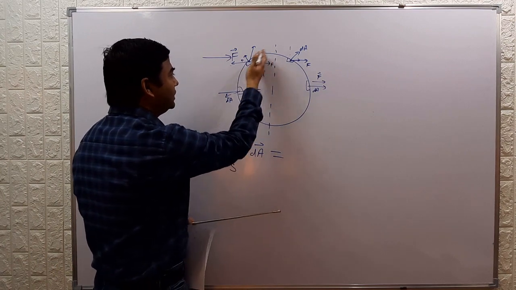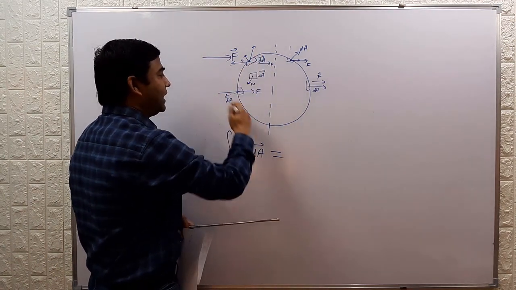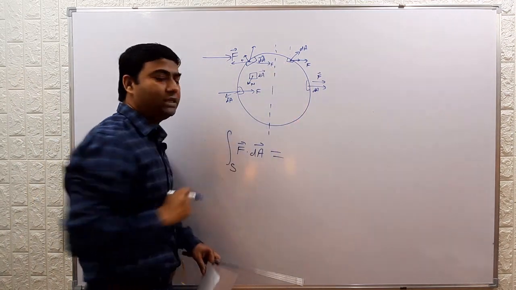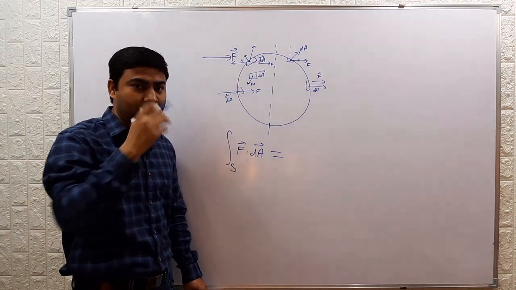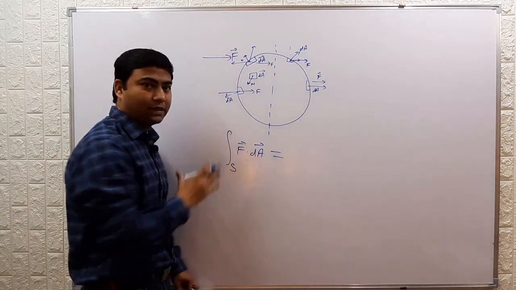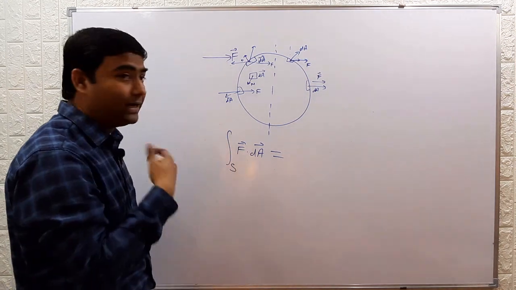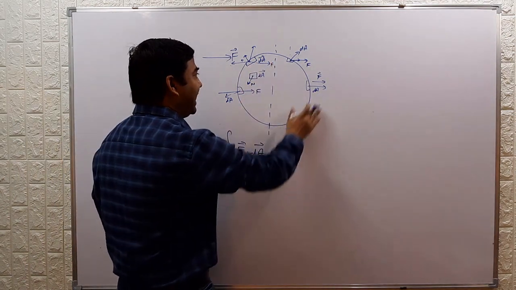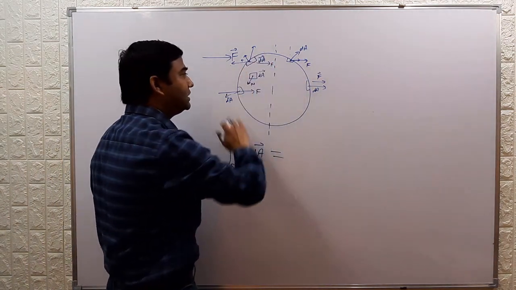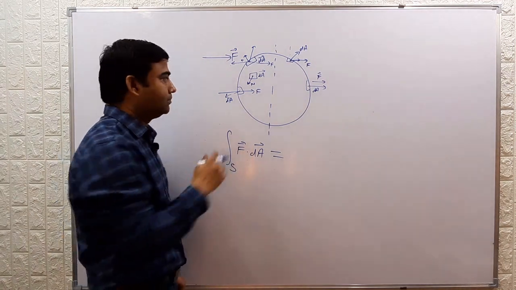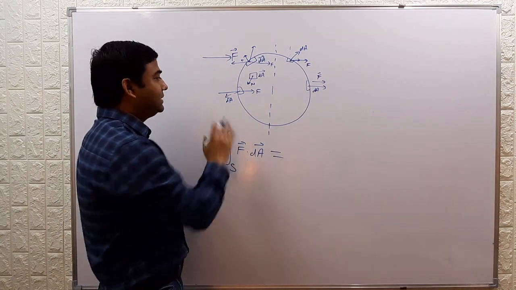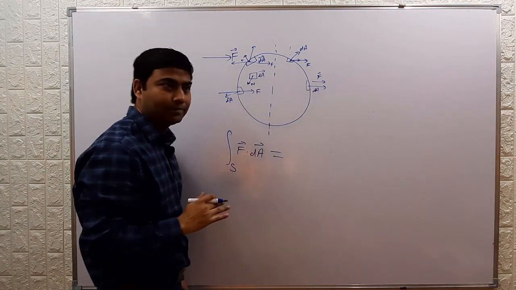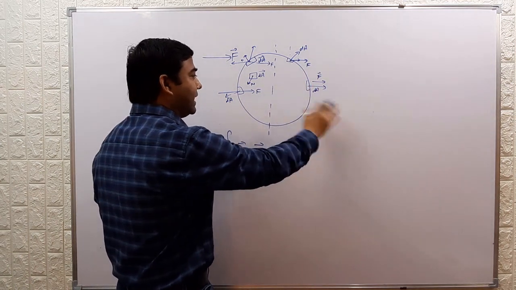So in this half region F dot dA will be negative, and in this half region F dot dA will be positive. That is why we calculate net flux. By this method we calculate net flux: negative plus positive, when we add all flux throughout the surface, we get net flux. Or indirectly we can say these are the entering flux and these are the exiting flux. Net flux is exit minus enter.